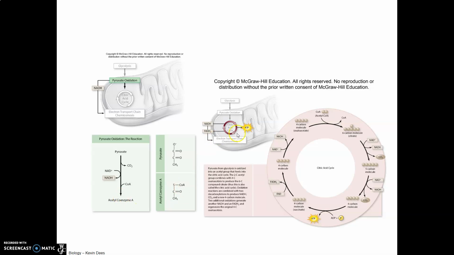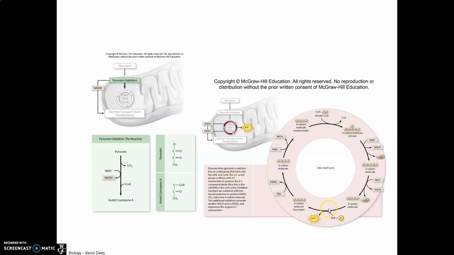Each one of these acetyl coenzyme A's can spin the citric acid cycle wheel, and each time the citric acid cycle wheel spins, we produce 1, 2, 3 NADHs, 1 FADH2, and a single ATP.